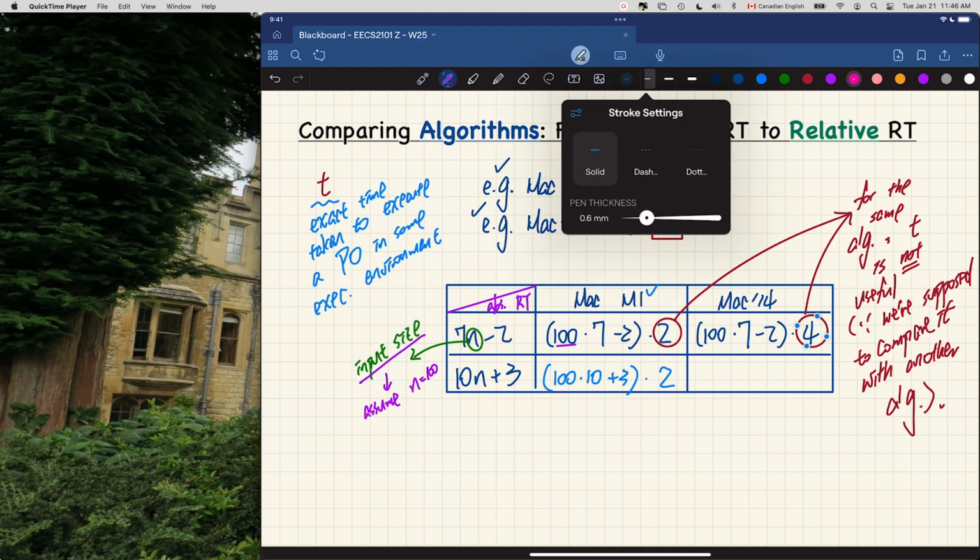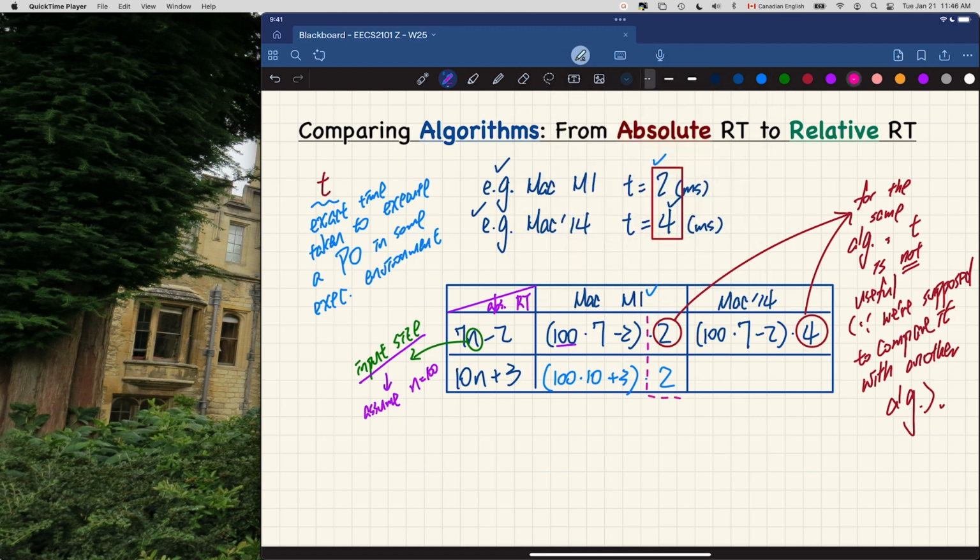So this second one here is even more interesting, I would say. So now compare this.